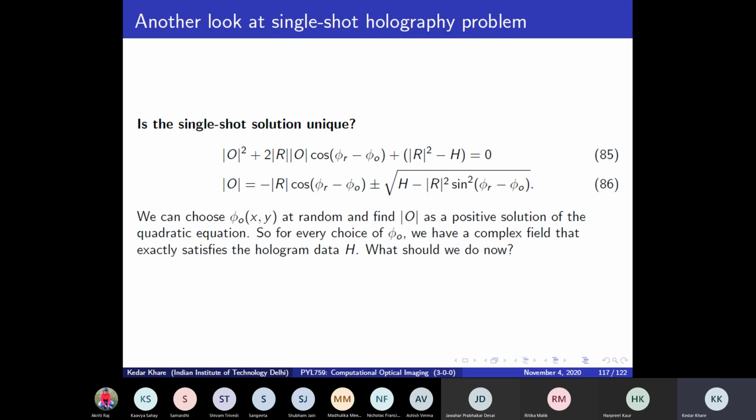But this kind of consideration in equations 85 and 86 can actually come even before thinking about the Fourier transform method. It is something very, very simple, elementary, but still kind of puzzling.